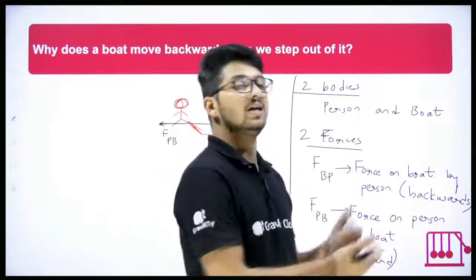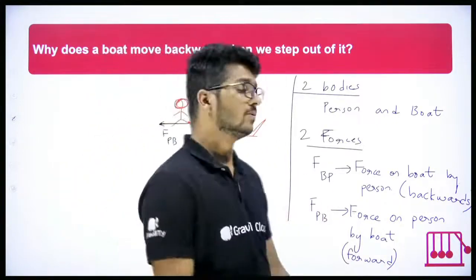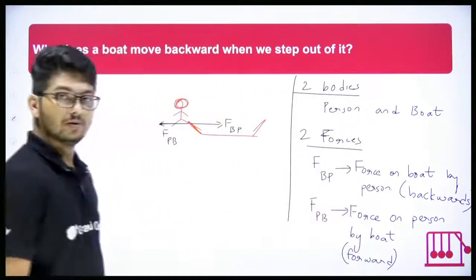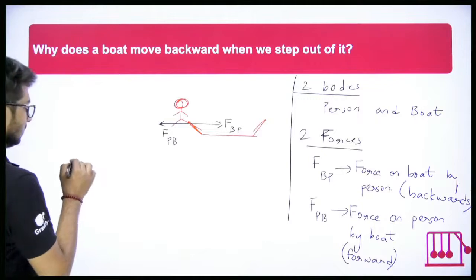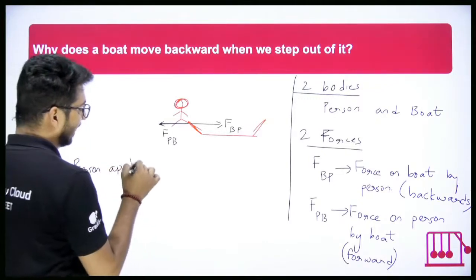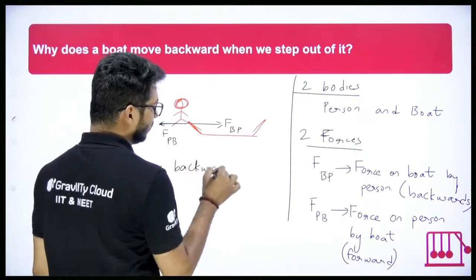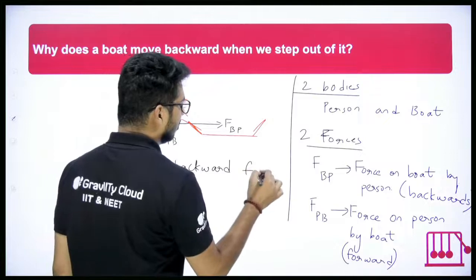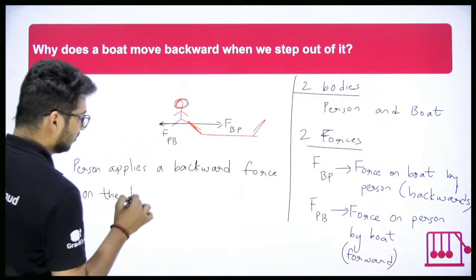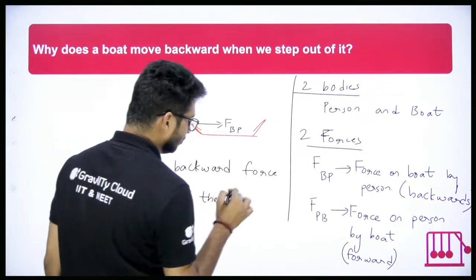That is the reason why the person moves forward. That is the reason why we move forward. But on the boat, you are applying a backward force and the boat moves backward. So you can say a person applies a backward force on the boat, and the boat moves back.